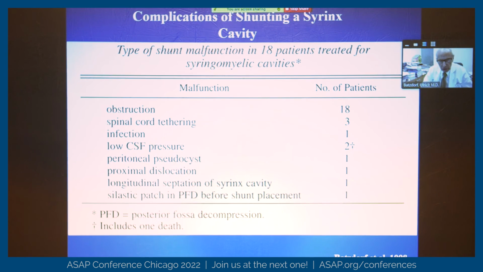And the shunt can also be tethered to the dura and to the spine, and the other things you can see for yourself are obvious complications for malfunction. Next.